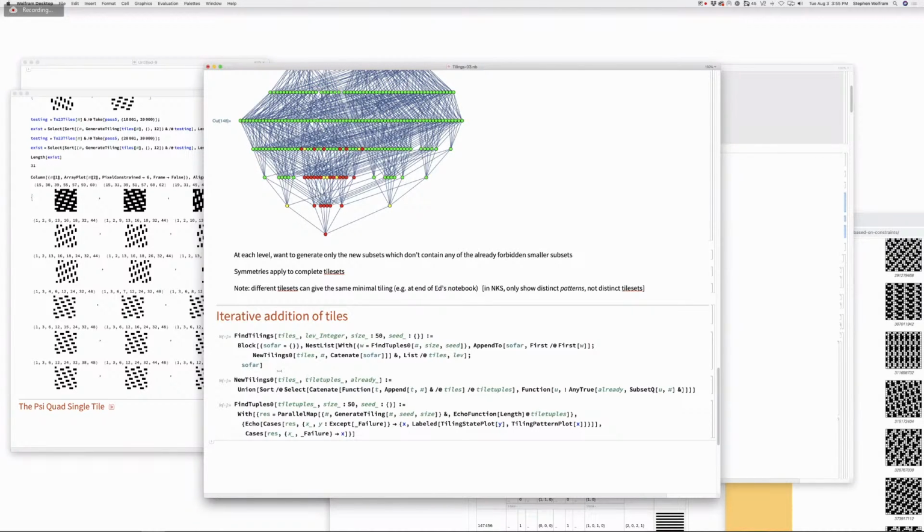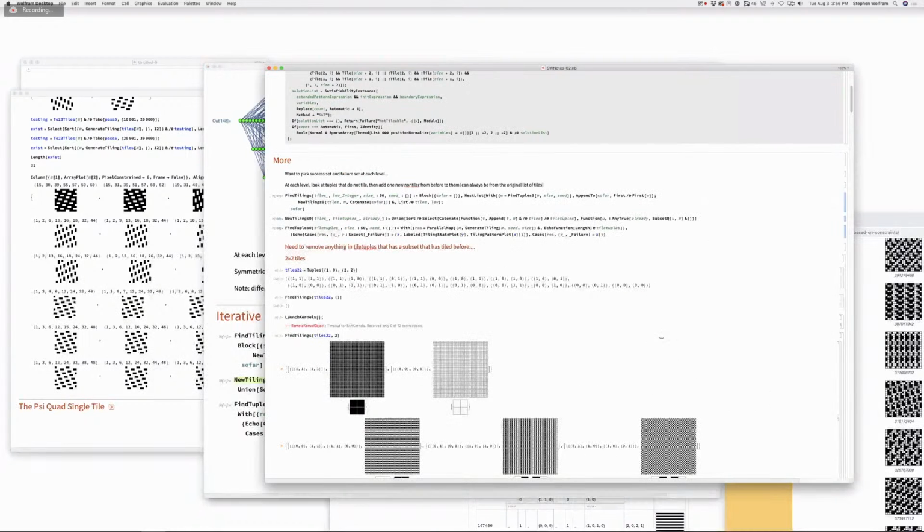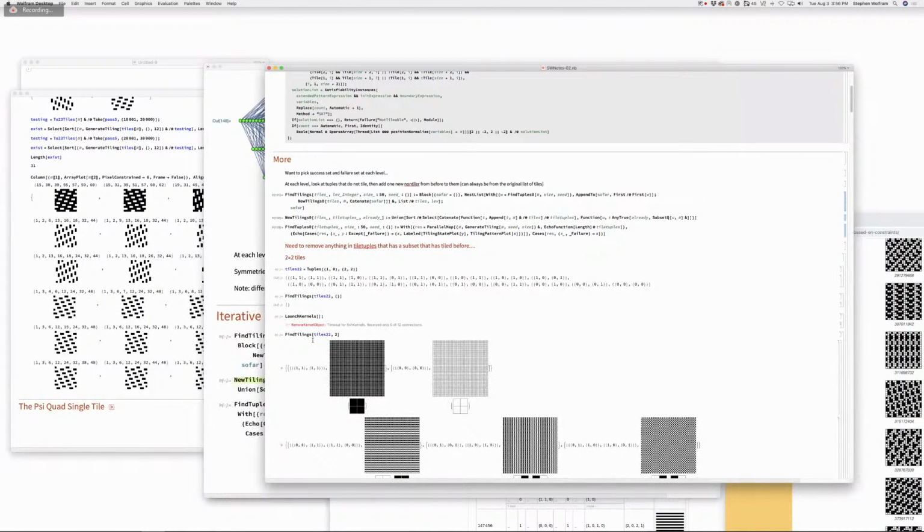Tiles is the original set of tiles we're working with. So for example, here, let me go ahead and launch these computers so we have them to run.